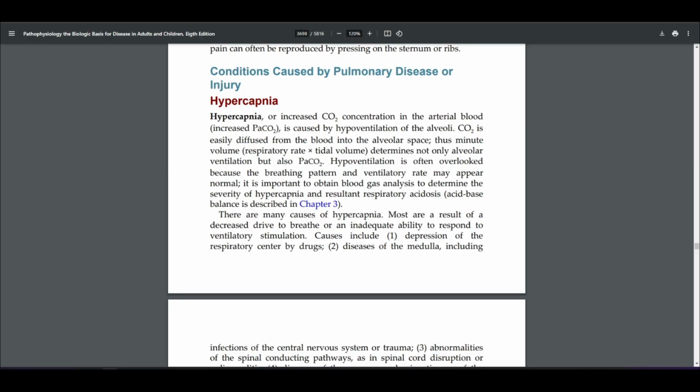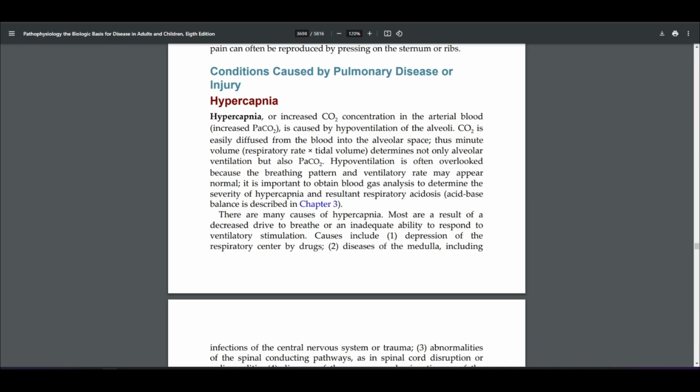This leads us into the conditions that can cause pulmonary disease or injury, starting off with hypercapnia. Hypercapnia, or an increase in your CO2 concentration in the arterial blood, is caused by the hypoventilation of the alveoli. CO2 is easily diffused from the blood into the alveolar space.